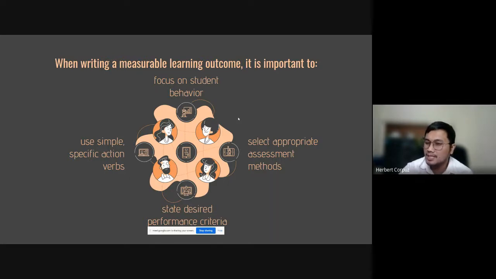But what is the performance criteria actually there? That there has to be a clear statement as regards the similarities and differences of two important social processes, that is amalgamation and assimilation. So that's the performance criteria, but it's hidden in this statement. Usually hidden po si performance criteria. Okay?